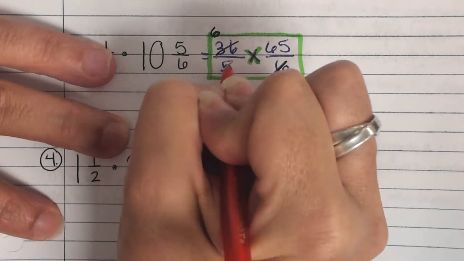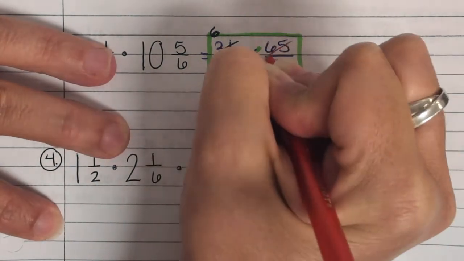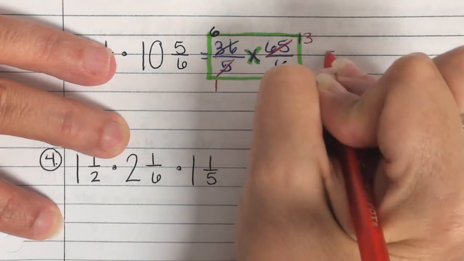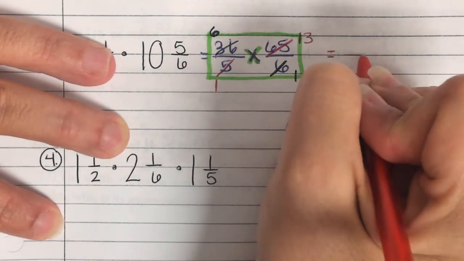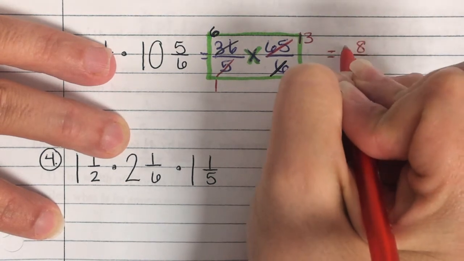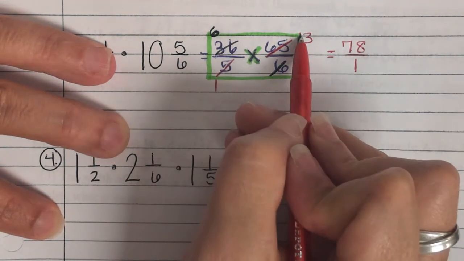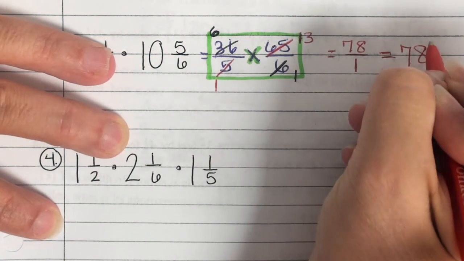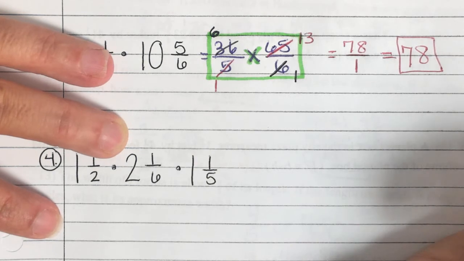Okay, 5 is 1. 5 is 13. Okay. Yes, the bottom is a 1. 6 is 18. Nope, just got to multiply straight across. And it is 78.